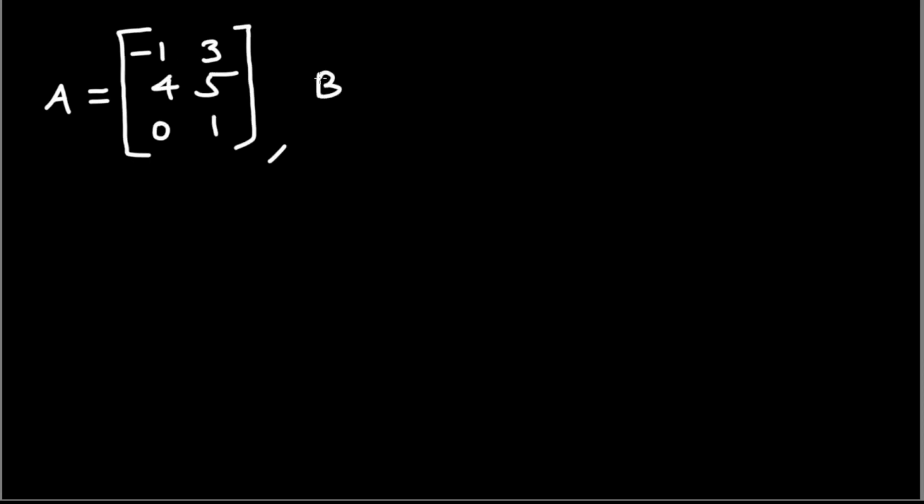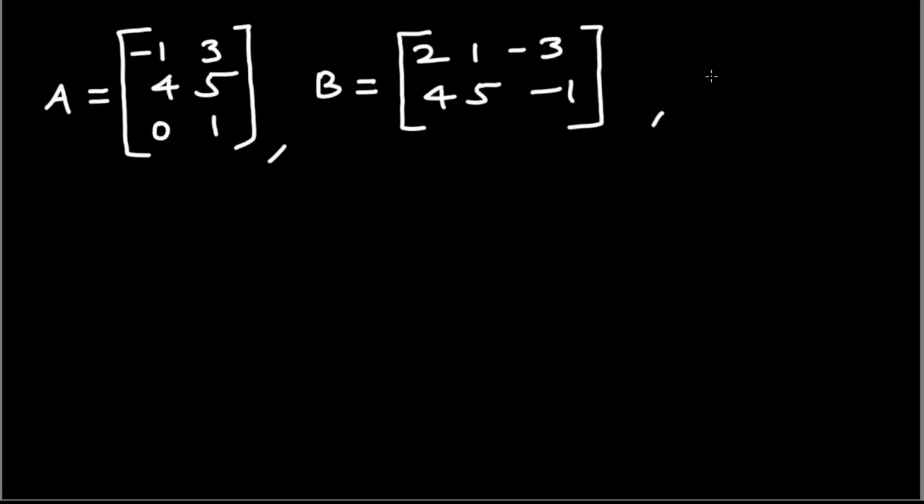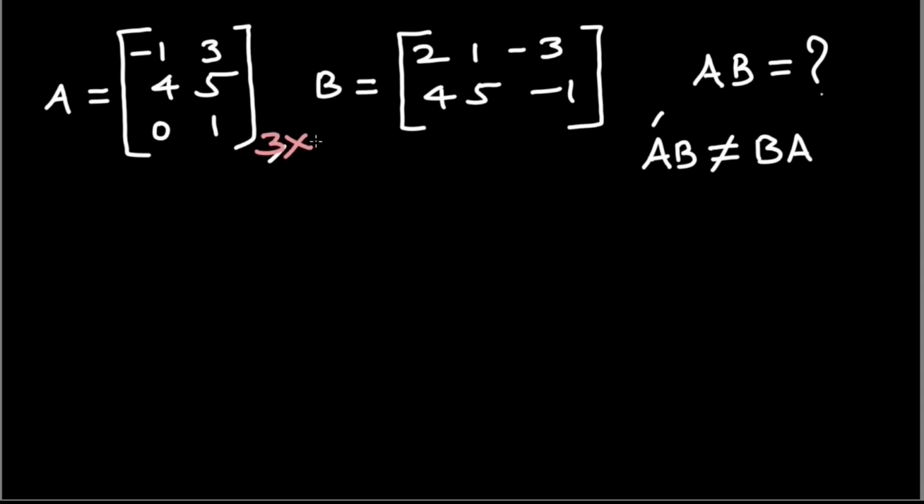If matrix A is minus 1, 3, 4, 5, 0, 1, and matrix B is 2, 1, minus 3, 4, 5, minus 1, find matrix AB and without computing BA, show that AB not equal to BA. Let us first confirm if the matrix multiplication AB is possible. Order of matrix A is 3 by 2 and order of matrix B is 2 by 3.